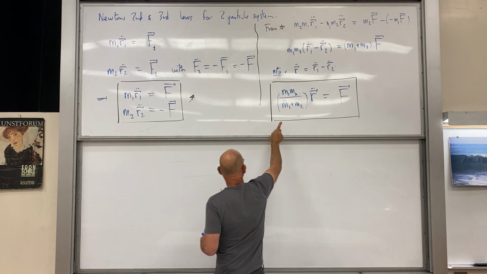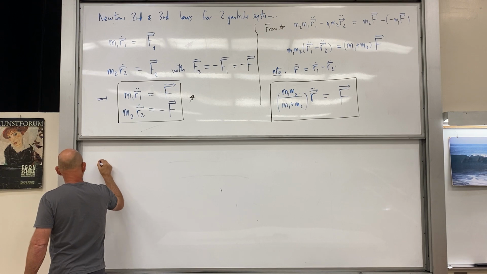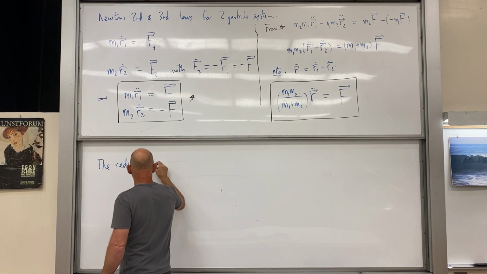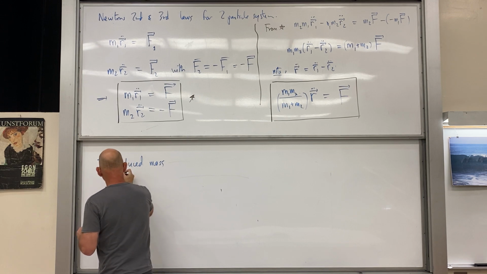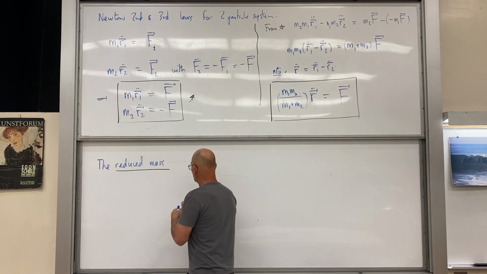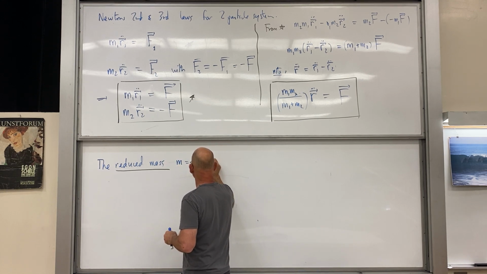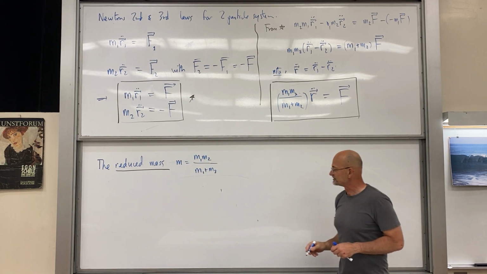So continuing this thing here, the reduced mass, that's what we call this, M equal to the product of the two masses divided by their sum. Okay, so that's the reduced mass.